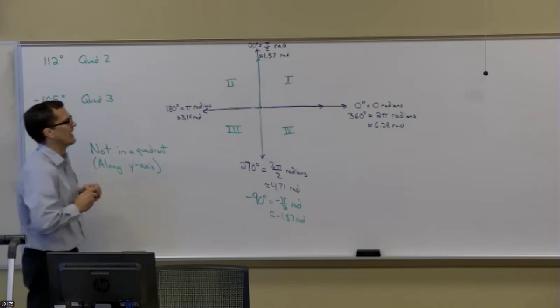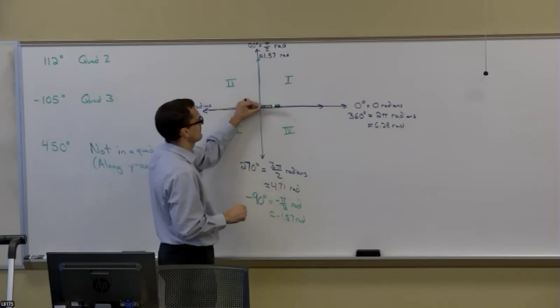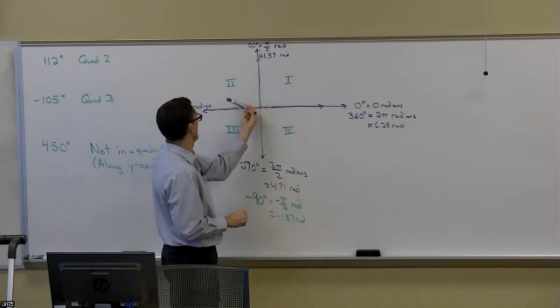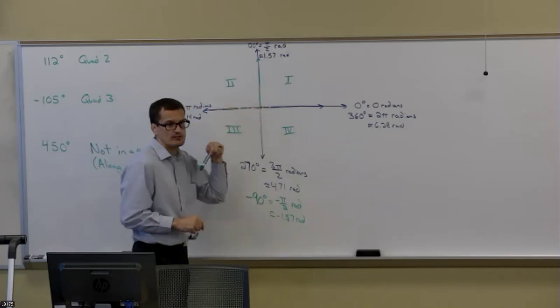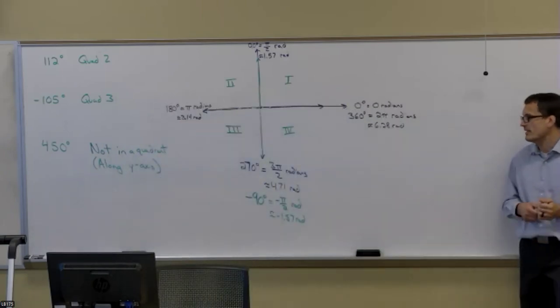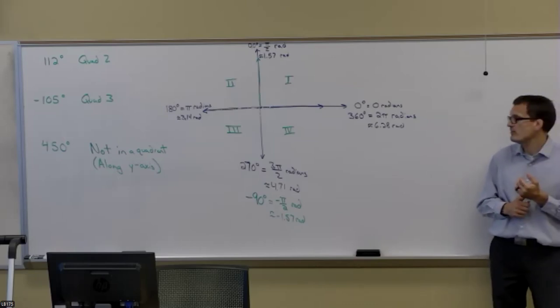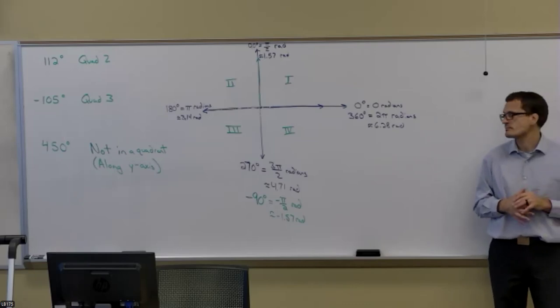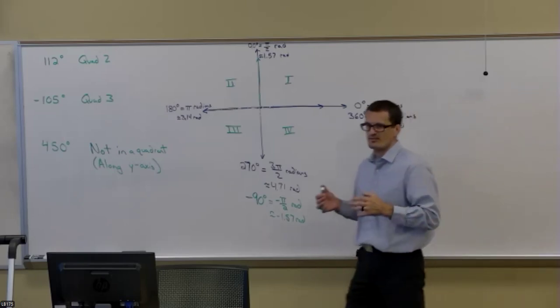So if the terminal side ends up at the 0 degree, the 90 degree, the 180 degree, or the 270 degree marks, then we say we are not in a quadrant. Since we're on the axis, we're splitting between quadrants there. Does that make sense?